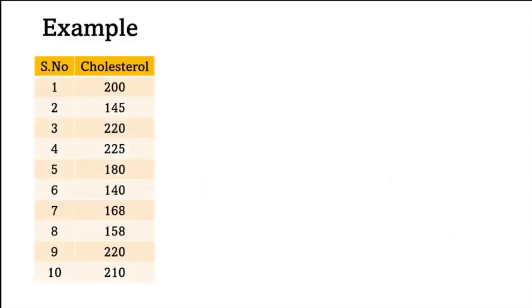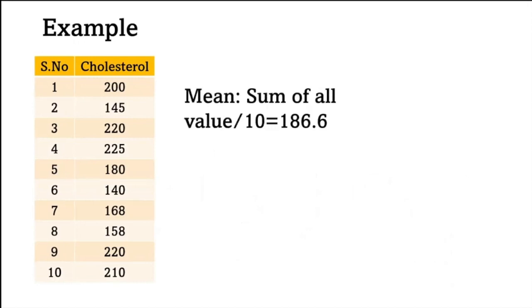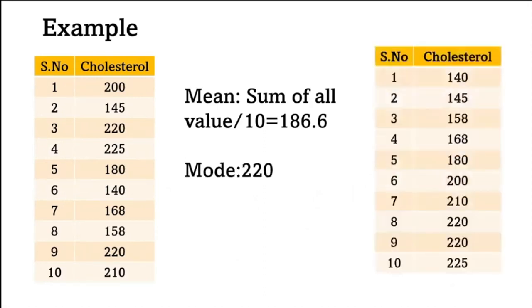So in this example, you can see this is a data set of 10 individuals, and various levels of cholesterol are there. If you want to calculate the mean of these 10 individuals, you will take the sum of all these divided by 10. That will be the mean. If you have to calculate the median, you will arrange this data in ascending order, like I have arranged this, starting from 140 to 225.